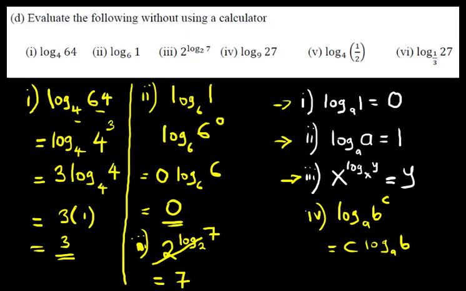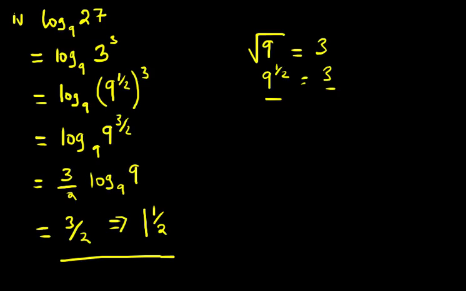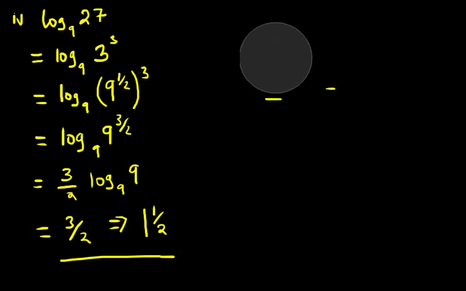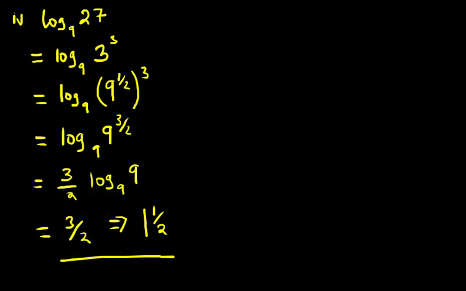And then our question 5. This is our question 5, log 4 half. So let's just erase this. For our question 5, we have log 4 half.